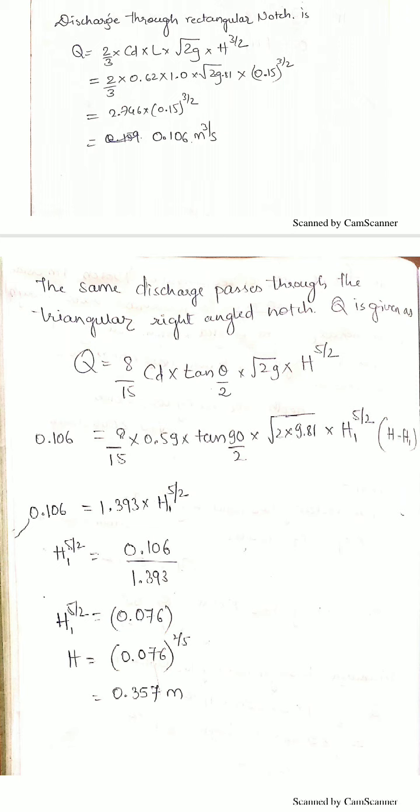I substituted the value of Q from the rectangular one and theta as 90 degrees, and we have to find H. Rearranging the terms, we finally get the depth of water in the triangular notch as 0.357 meters.